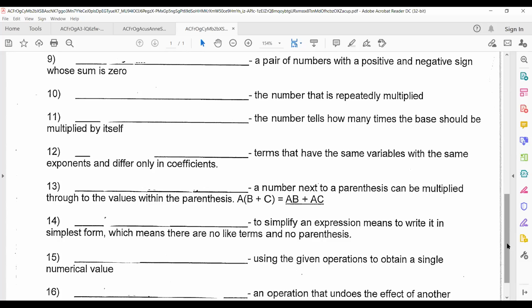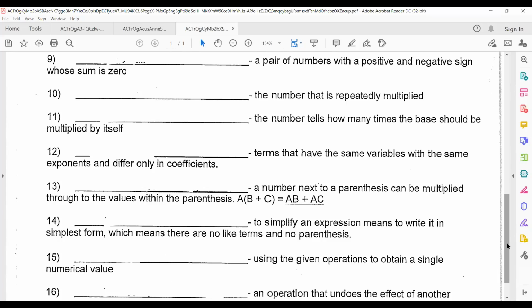Okay, 14 and 15. Yeah, either one of these, I don't care which one you put in here. Because the way I look at it, every single problem that you do, you have to evaluate.